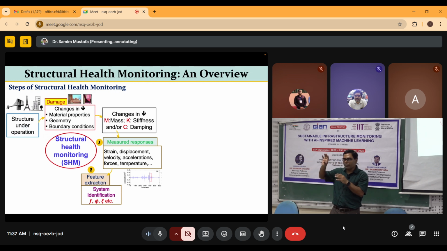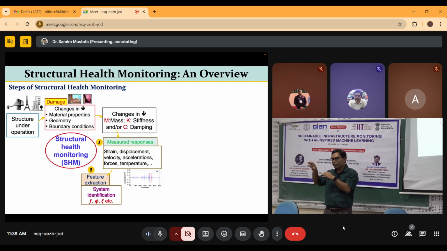So for example, probable healthy structure and then probable unhealthy structure, you can directly compare their measurement also, if possible. But direct comparison of measurement is not feasible because it does not give you the fundamental parameter related to the structure, right?